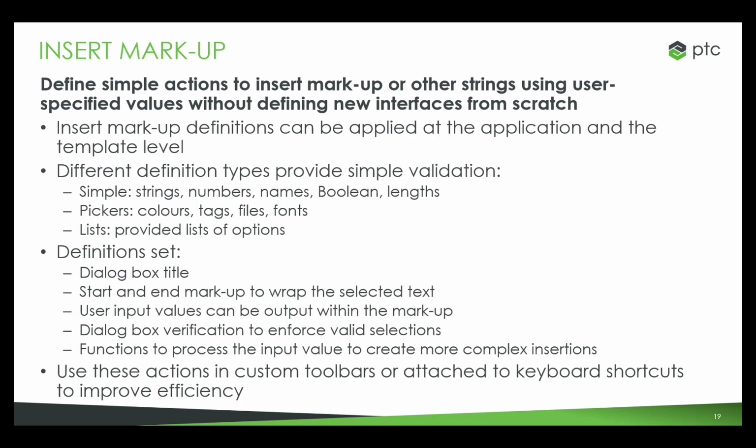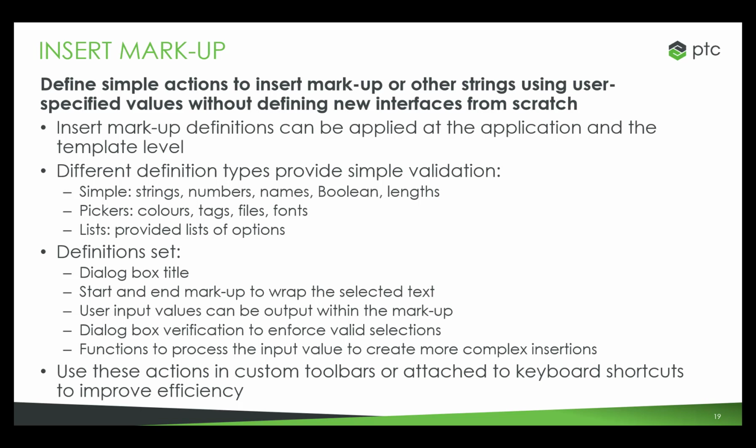And you can also associate a function with the definition so that when OK is clicked on the dialog box, you can do something with that value, wrap it up in some more markup, and then insert that extra markup into the content. You can attach these definitions at both the application level and the template level.